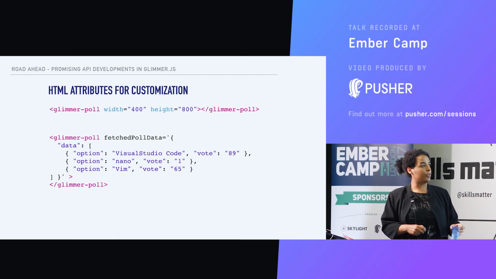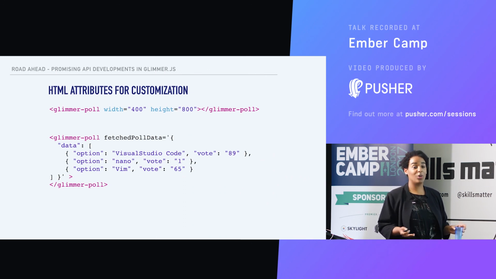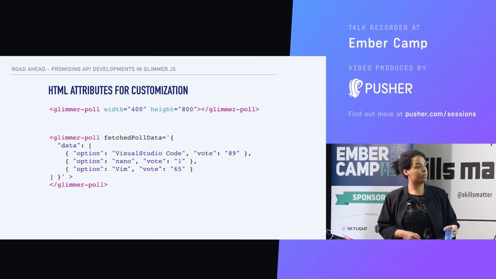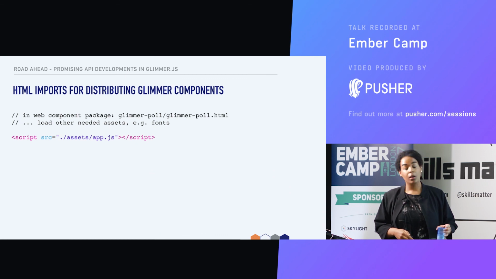So this is still a point of discussion if this should be supported with just string attributes. And what might also be a point of discussion is, do you want to support just string attributes, or do you want to have something more similar to Ember, where you can bind data with your JavaScript? So yeah, I think this is an interesting point for discussion.